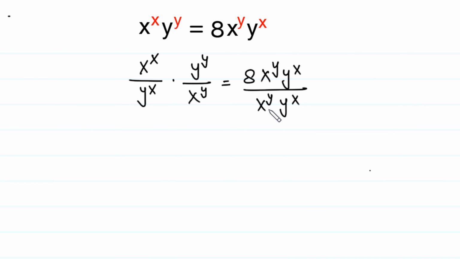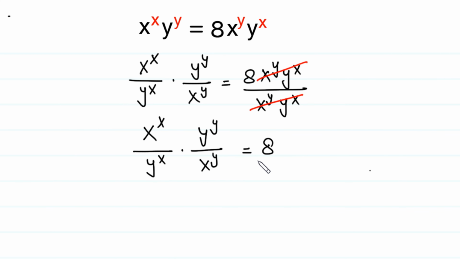Next, this x to the power y times y to the power x will be cancelled, and here is left x to the power x over y to the power x times y to the power y over x to the power y is equal to 8.